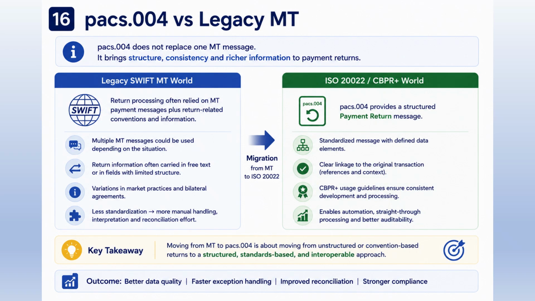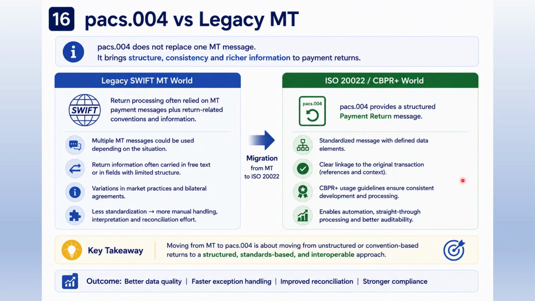Now, let's look at the migration from the legacy MT world to ISO 20022. In the traditional SWIFT MT environment, return processing often relied on payment messages combined with return-related conventions, additional information, or market practice. With ISO 20022 and CBPR Plus, pacs.004 provides a dedicated and structured payment return message.